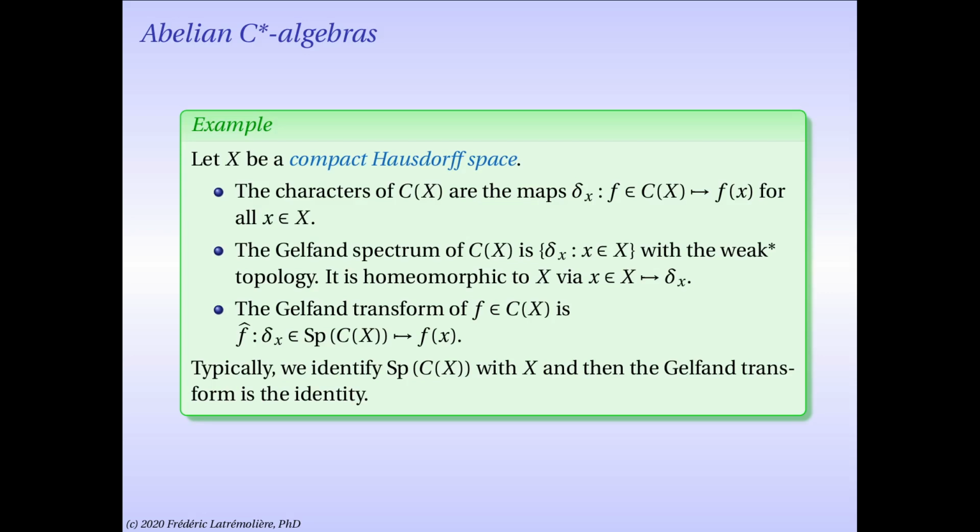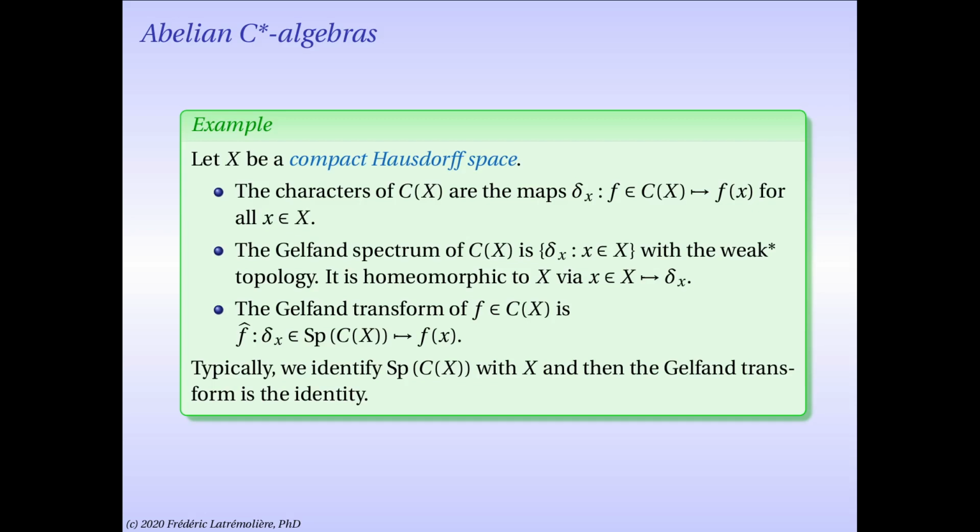So the Gelfand spectrum is the collection of all of those evaluation maps, or if you prefer, integrals against Dirac measures. And it's endowed with the weak star topology, so it's an interesting exercise to check that the canonical bijection, which to a point in the space associates the Dirac measure or evaluation map, is a homeomorphism.